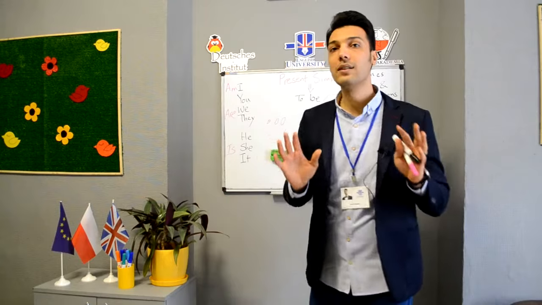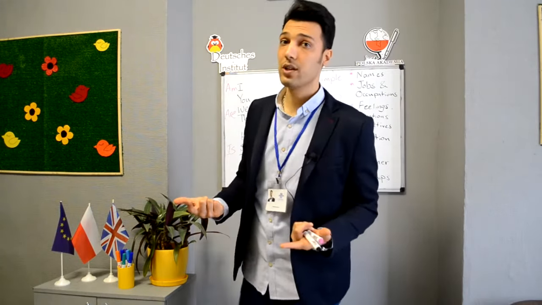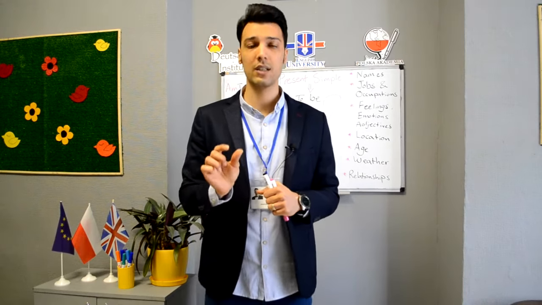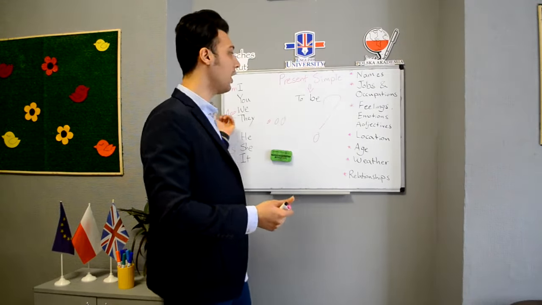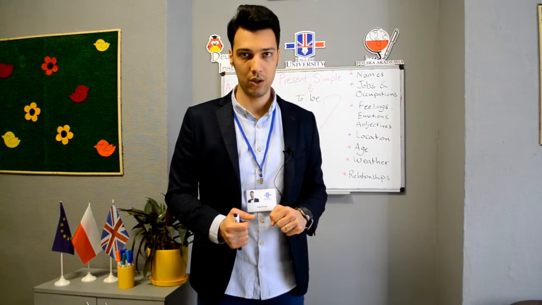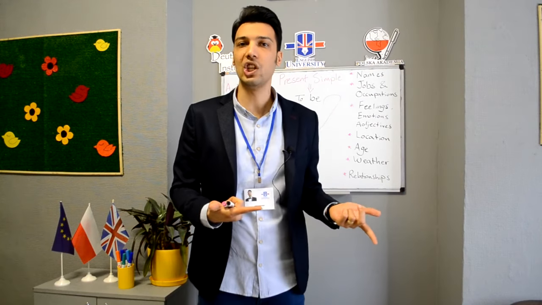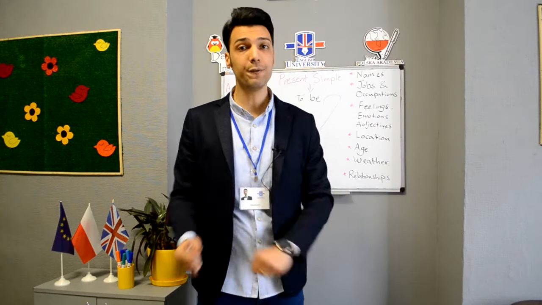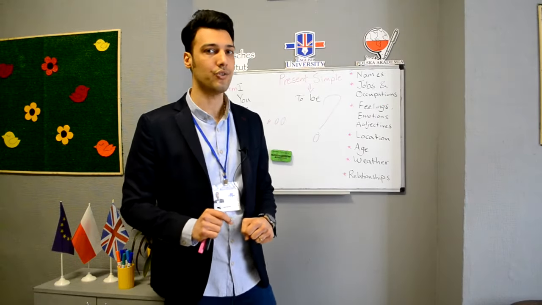And the last part, just to wrap it up, is when we want to ask a WH question. When we have a WH word, we put the WH word before the yes-no question. So, what are you? Where are they? Who is she? And different questions that you can make using this structure.